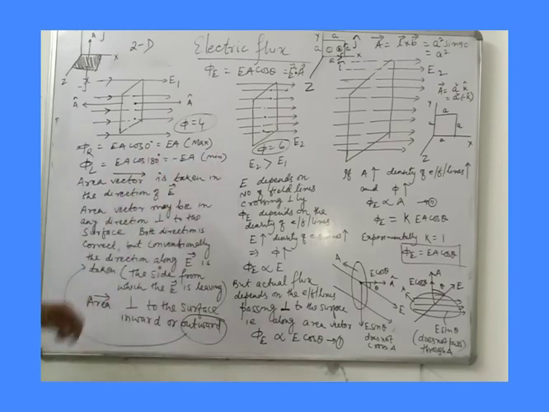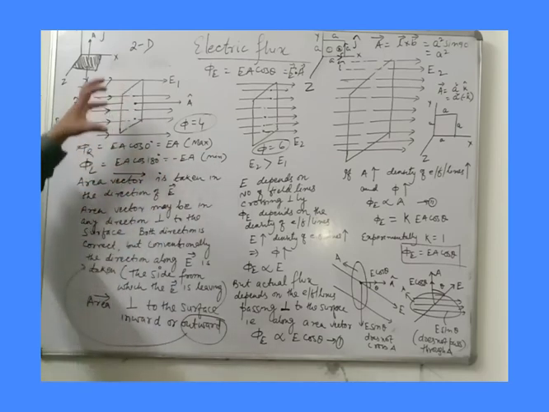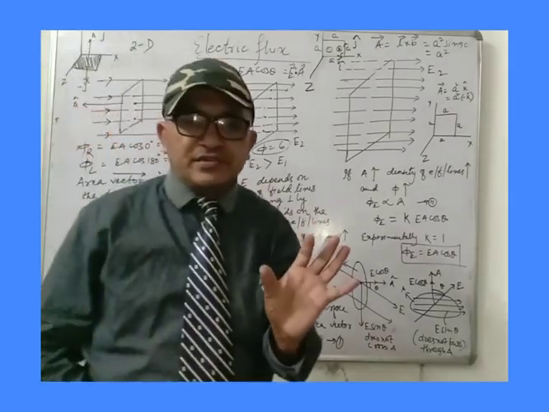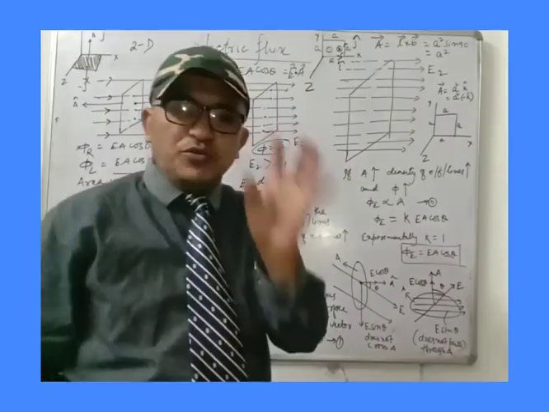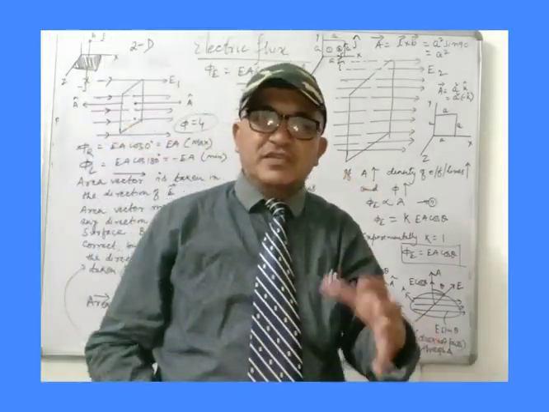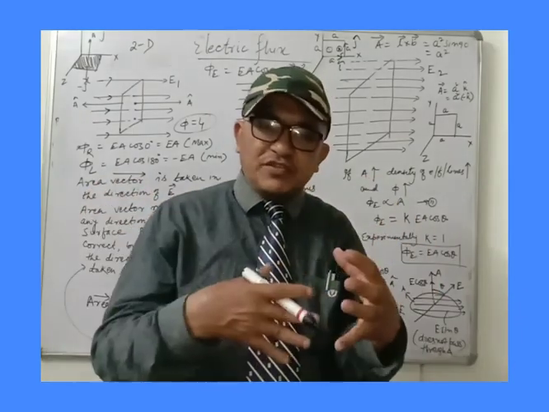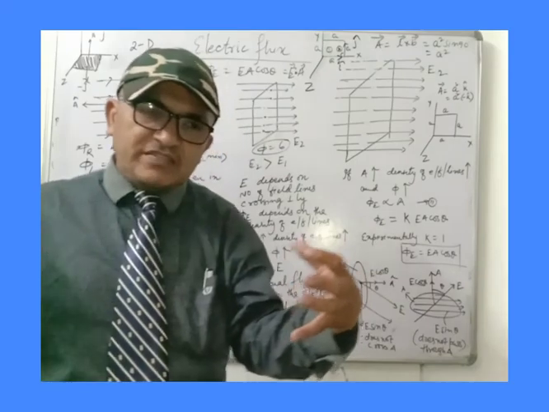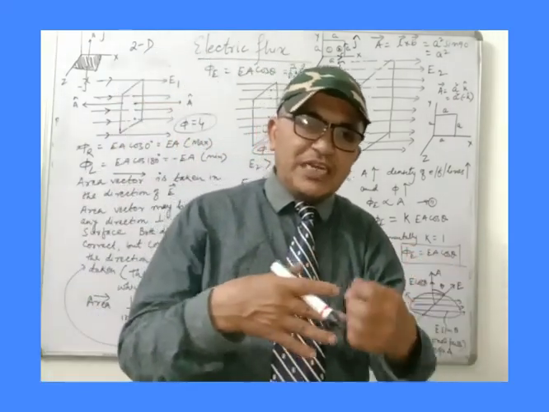That means the net flux when both sides of the surface are counted, the net flux on both sides of the surface means the flux entering the surface and the flux leaving the surface. How much flux is entering the surface, the same flux will leave the surface.